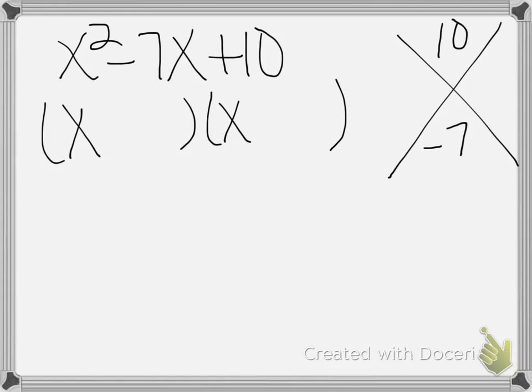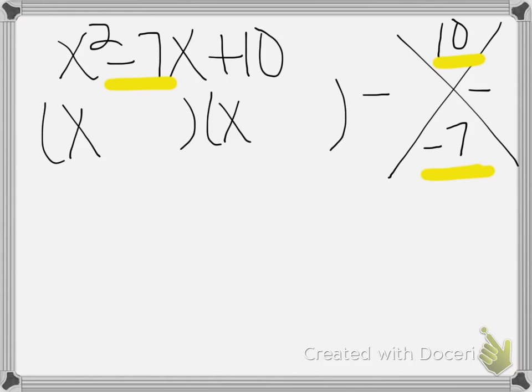If they have to multiply to a positive, they have to be the same sign. That means we need to also look at our middle number, or a -7, because it has to add up to a negative. Same sign, but add up to negative, that means they both have to be minuses.